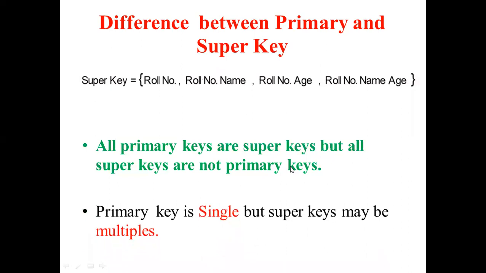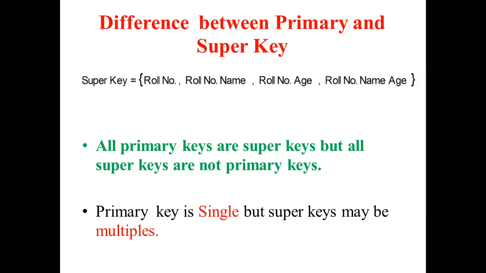Again, the next very important difference between a primary key and a super key is that for every relation there is only a single primary key, but multiple super keys are possible.